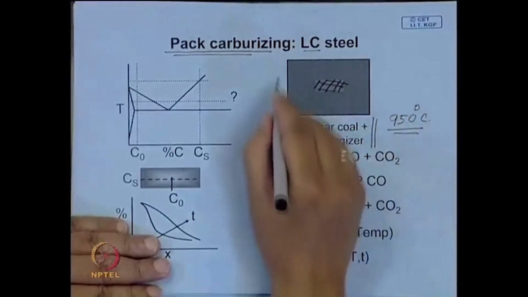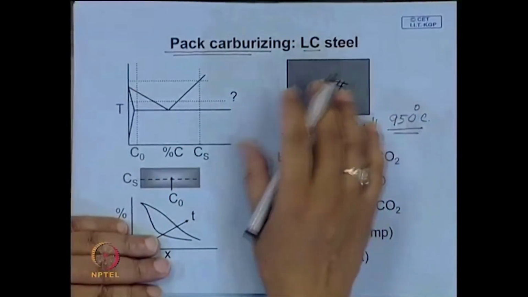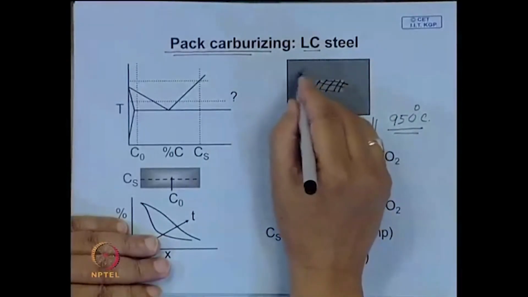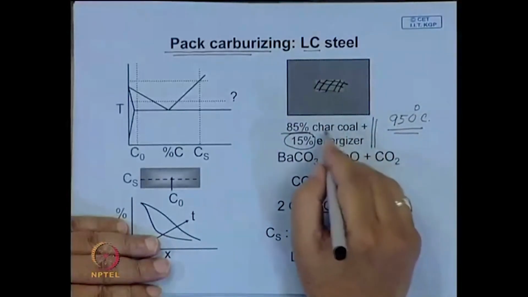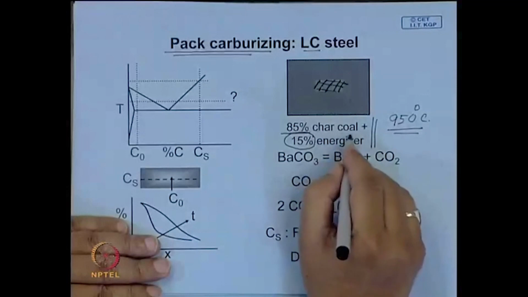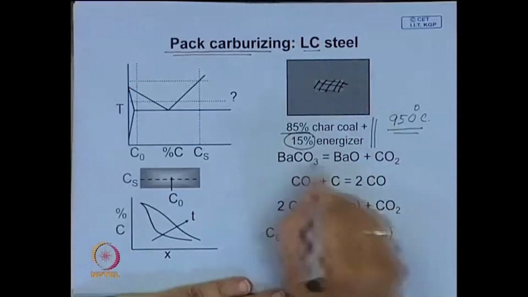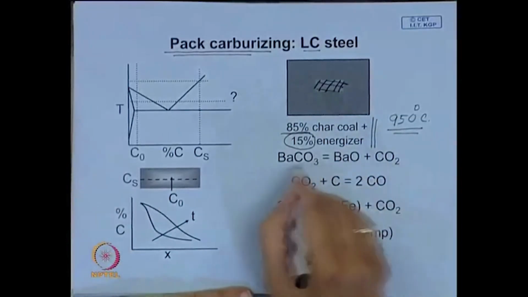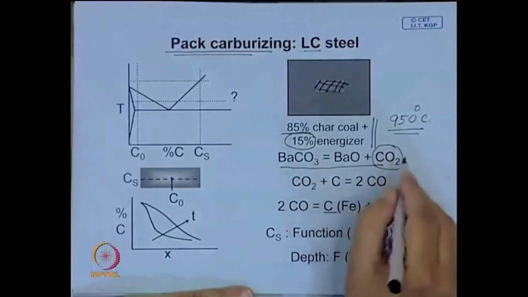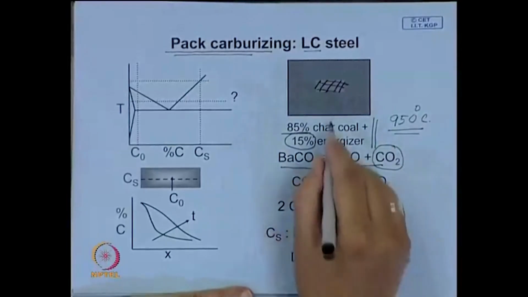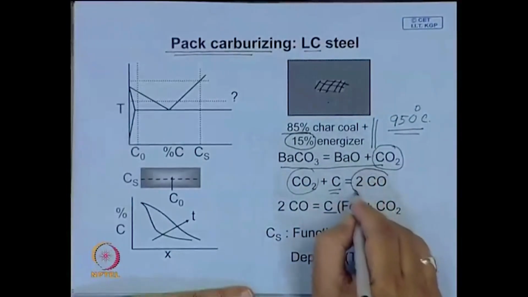This is a packed bed, and you do not have enough oxygen; oxygen is limited to the air trapped within the spaces between the charcoal particles and the energizer. So, how do you get carburization? The barium carbonate decomposes, you do not have enough oxygen, and there is plenty of carbon. So, CO2 will react with carbon to form carbon monoxide.